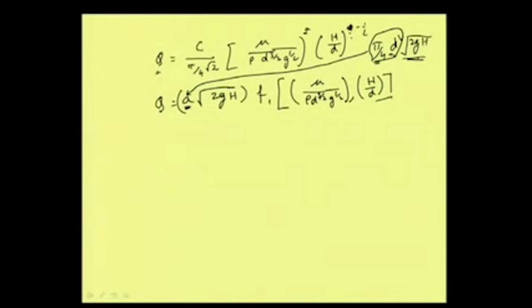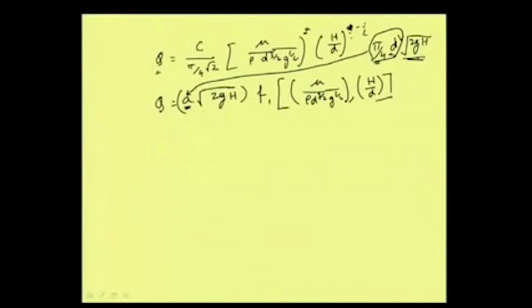We are writing it in this form, and this equation is in fact the equation for discharge, Q is equal to A root over twice GH. We started with the one-dimensional equation at the beginning, that V is equal to root over twice GH through an orifice, and if we multiply it by the area, we get A root over twice GH. As such, this equation can now be written as Q is equal to all these things, this function.